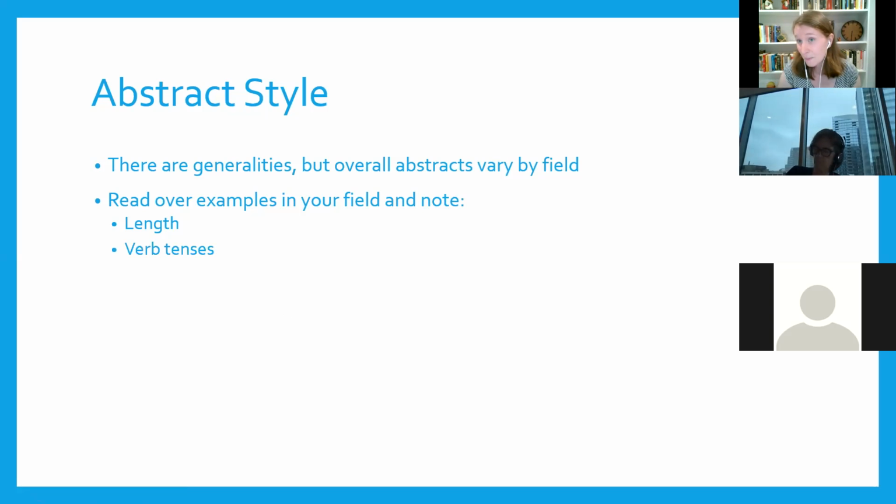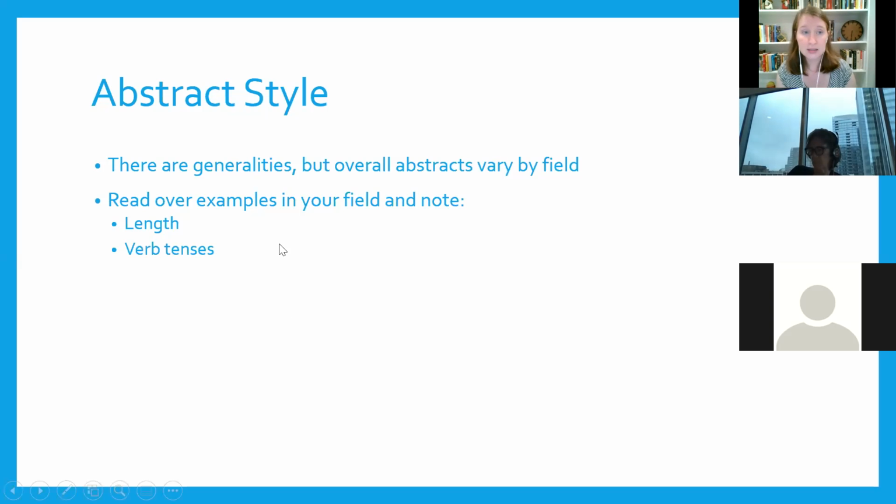Verb tenses. A lot of times I find that research tends to be written in present tense, at least in the abstract, and I'll give you an example in a few minutes, but it can vary by field or it can vary by topic. So just kind of pay attention. Is this being written as if the research exists in the past, or is this being written as if the research exists today?